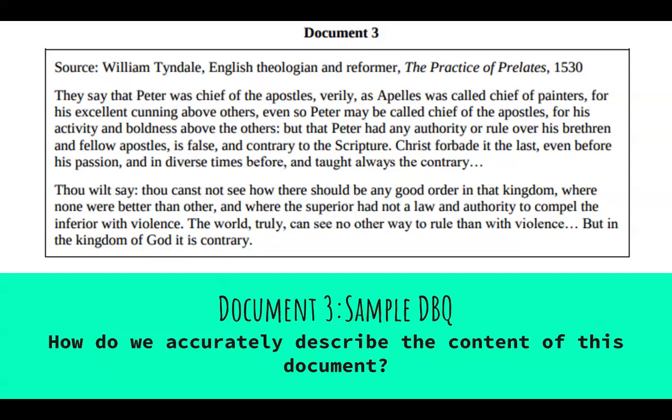1530. They say that Peter was chief of the apostles. Verily, as Apelles was called chief of painters for his excellent cunning above others, even so Peter may be called chief of the apostles for his activity and boldness above the others. But that Peter had any authority or rule over his brethren and fellow apostles is false and contrary to the Scripture.